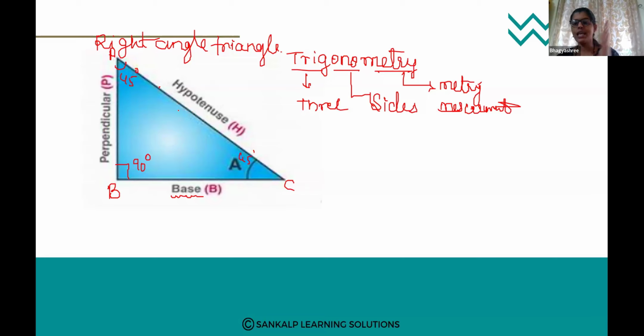The side which is opposite to the 90 degree. Here it is 90 degree. The side which is opposite to the 90 degree is called as hypotenuse. Base, perpendicular and hypotenuse. So ee names namage gotthirabeku. This is base, this is hypotenuse and this is perpendicular.